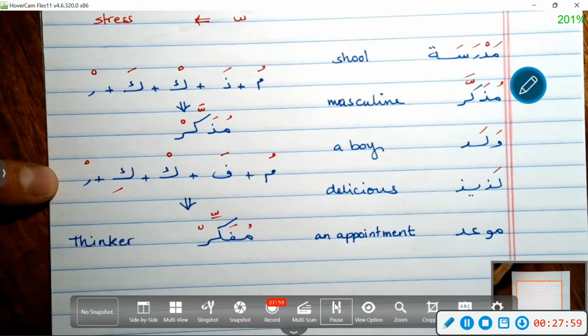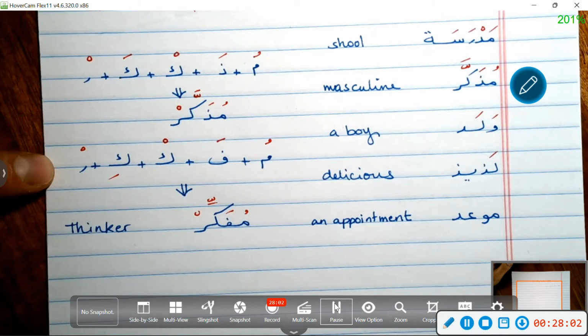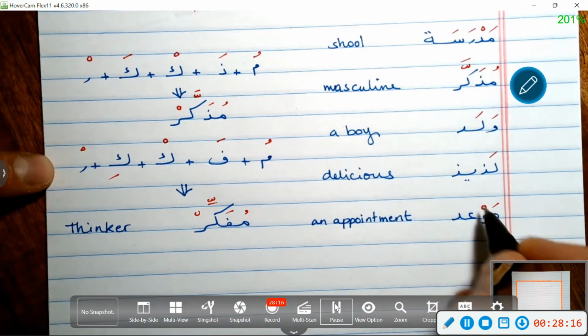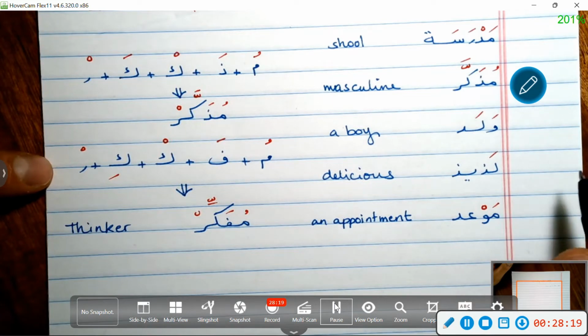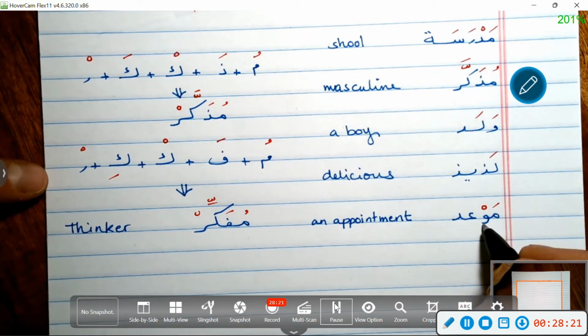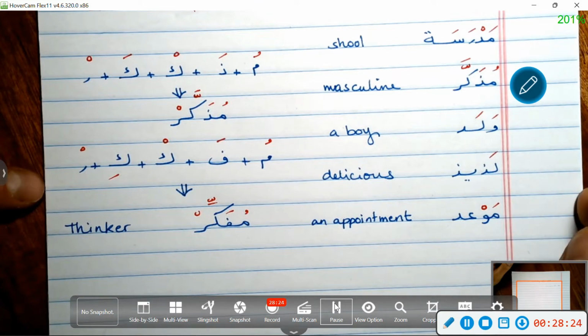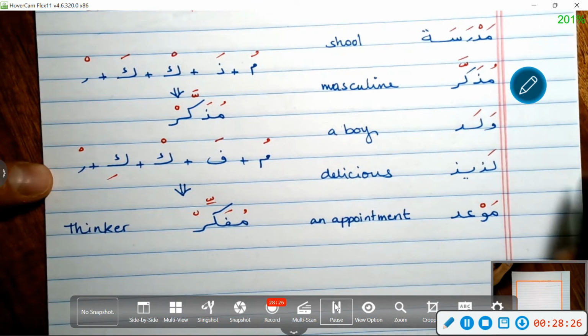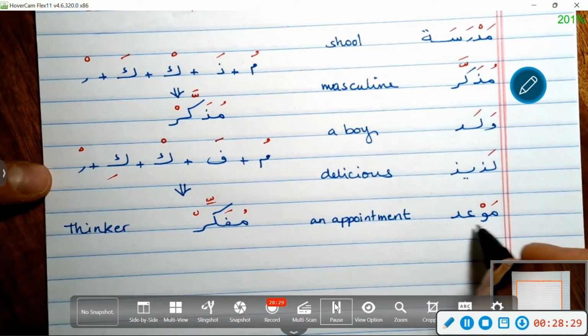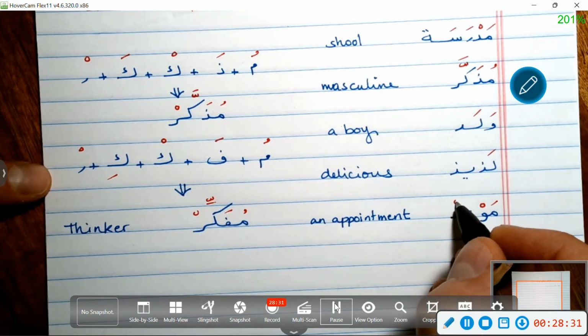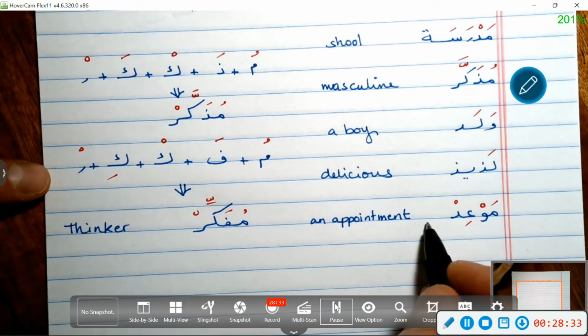Although there is waw, but mim has fatha. So if the mim has fatha now, it's not going to be mu'id, it's going to be maw. Waw here is not long vowel anymore. So whenever you see a long vowel, but the letter before it has a different haraka, you can't read it mu'id. It has to be maw'id. Now this is the dal at the end, but we put it here just to compare between maw'id and ladid.